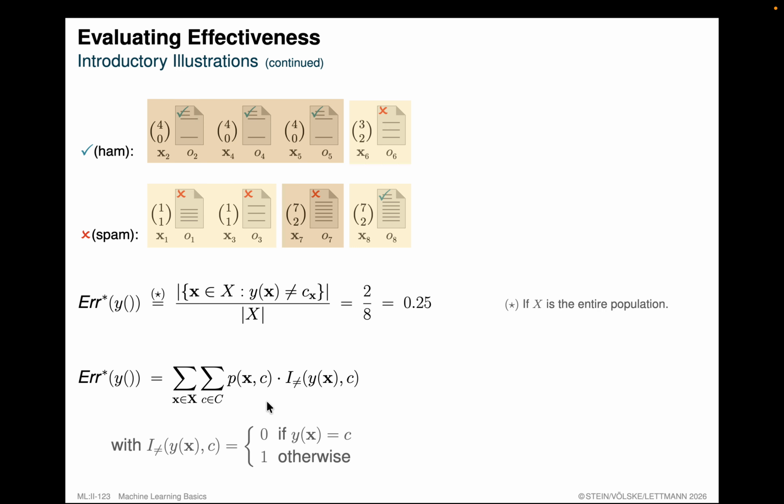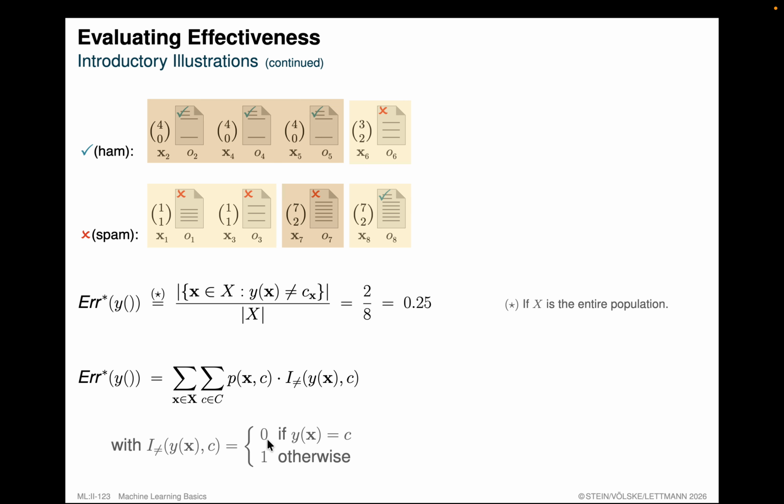So if we want to look at the whole situation from a probabilistic standpoint, then the true Bayes error, the error of the Bayes optimal classifier, is basically the probability of the joint event of observing an email X of the class C, multiplied by the indicator function, whether or not the model function that we are evaluating actually misclassifies that email.